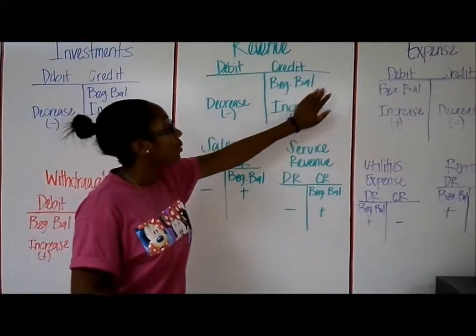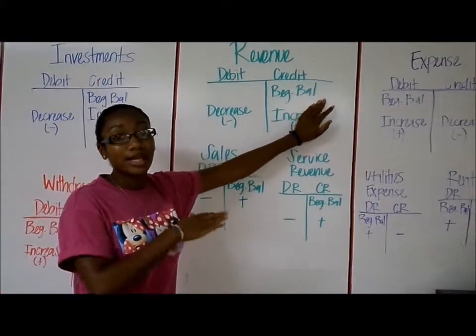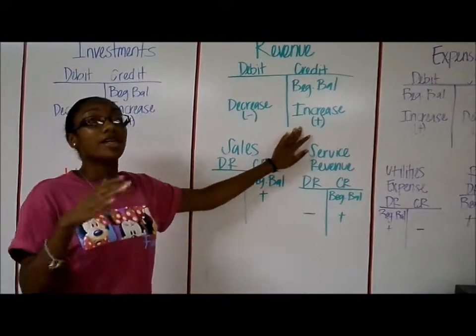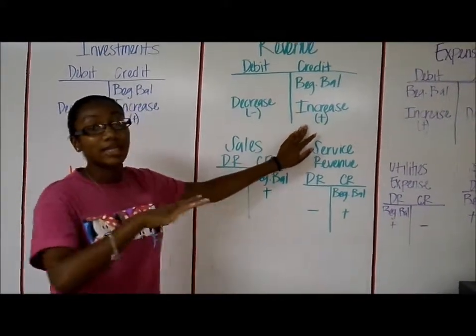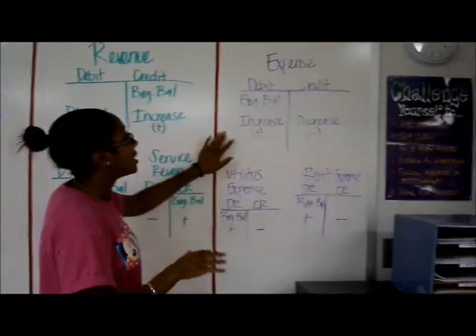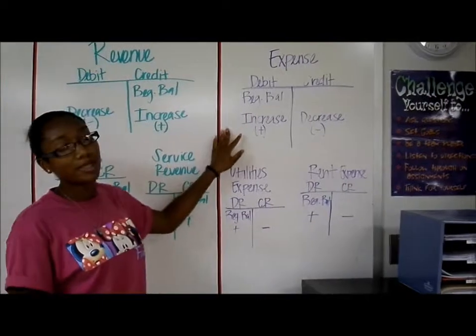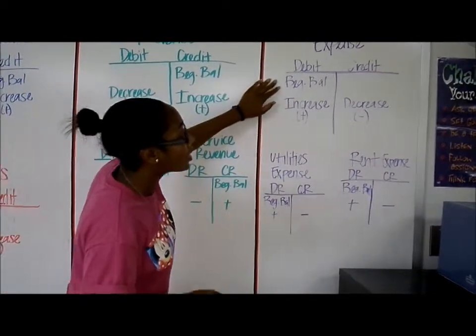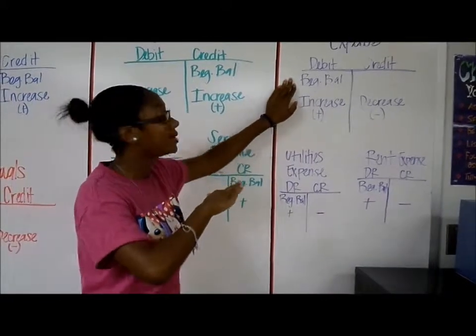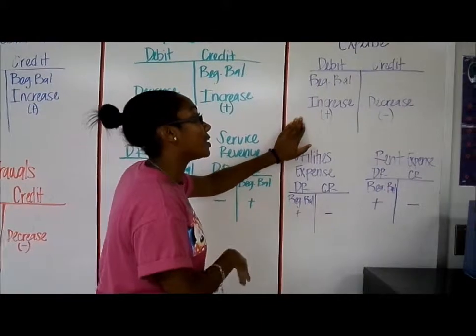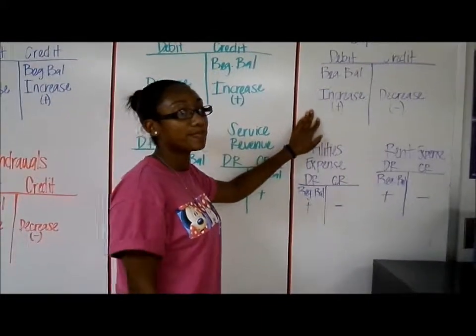They have the beginning balances on the credit side of the T account, just like capital, and any increase to revenue is also on the credit side of the T account, just like capital as well. And the last one is expense. Now, expense is going to lower capital because the beginning balance is on the debit side of the T account, and any increase to expense is on the debit side of the T account as well.